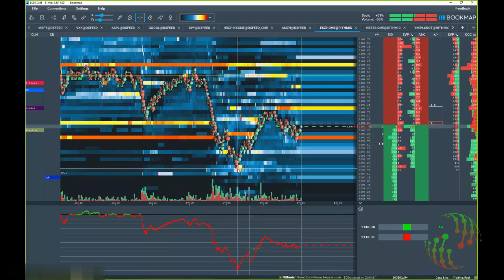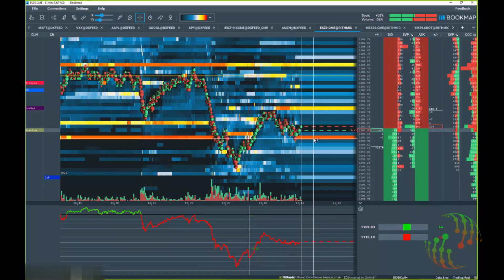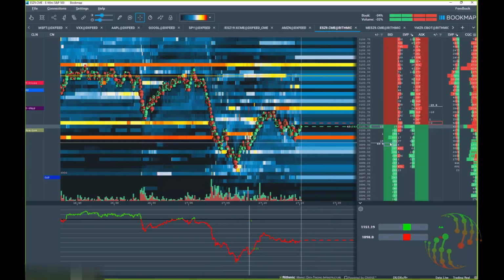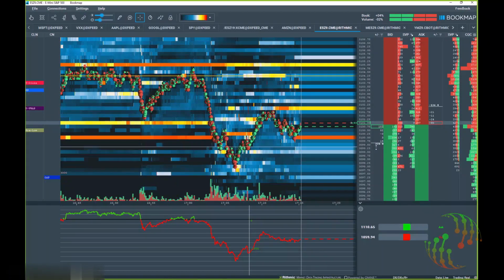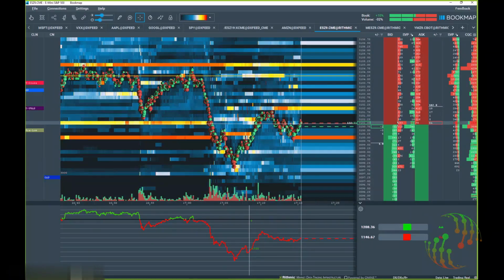But they broke it first, and they're trying to protect this 3100 because this is a psychological level. First of all, they are adding 500 at this level, and if you look at the quotes delta, they are trying to push the price up here. You see that? They are trading 500, 600 into it.